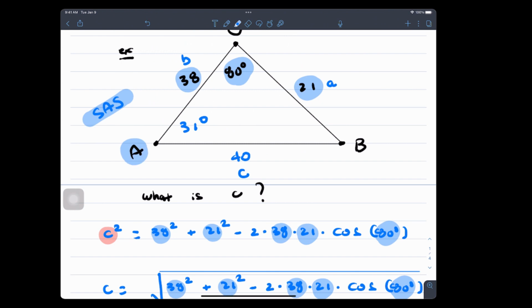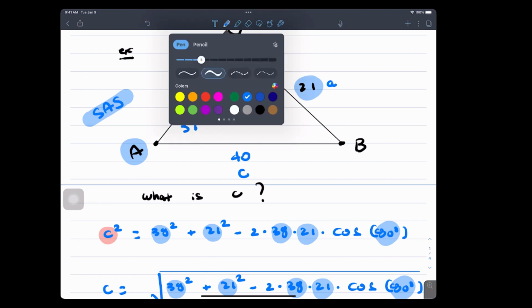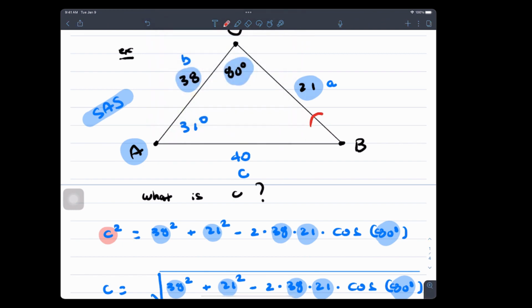This is using law of what? Cosines. And guess what you can now really do? Now we can find what? Angle B. How do I know what angle B is? 180 minus 80 minus 31 degrees.